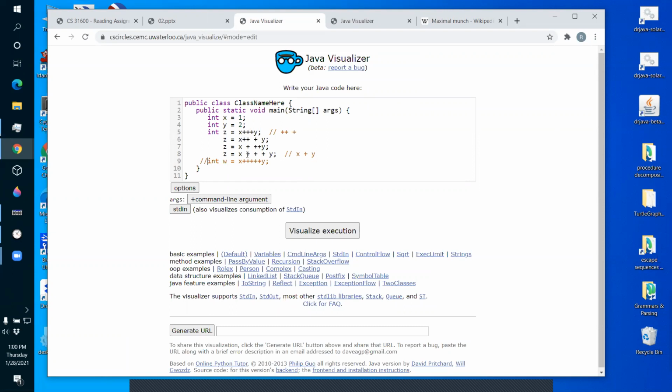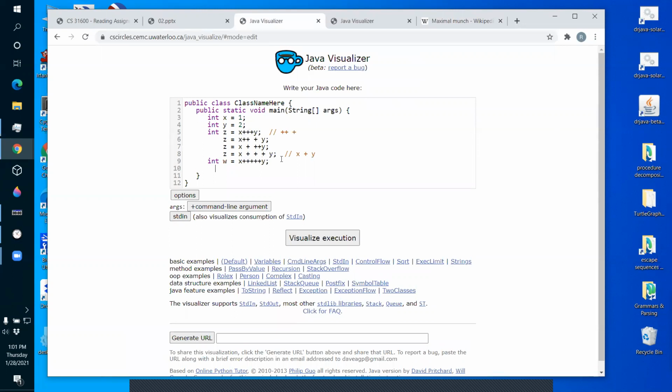Now go back over here and see why this one doesn't compile. Can anybody see now why this one doesn't compile? I can make sense out of it, but Java doesn't know how to make sense out of it.